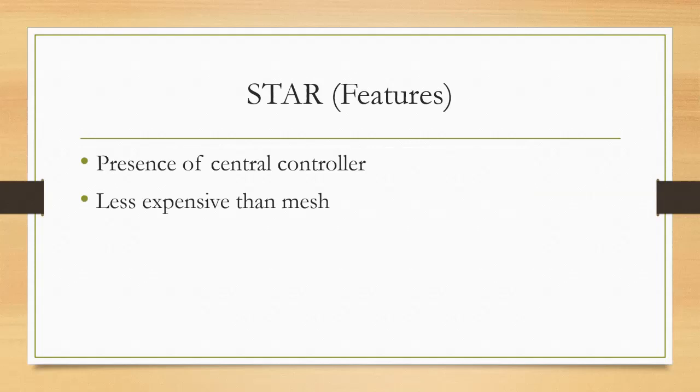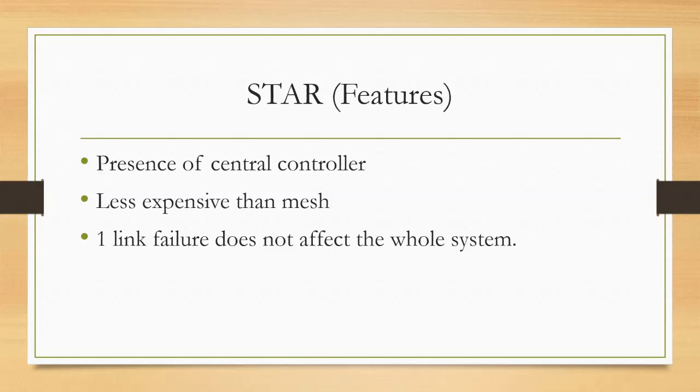This topology is less expensive than mesh. The reason is the number of cables required is exactly equal to n if you have n number of stations, unlike mesh topology, where we need n into n minus 1 by 2 cables, which increases the cost of the whole network.